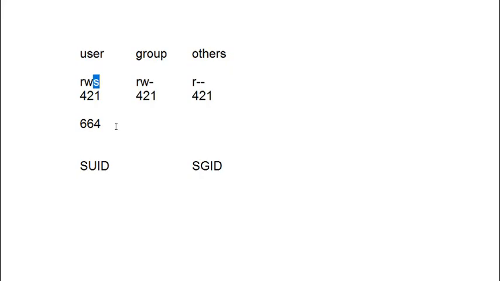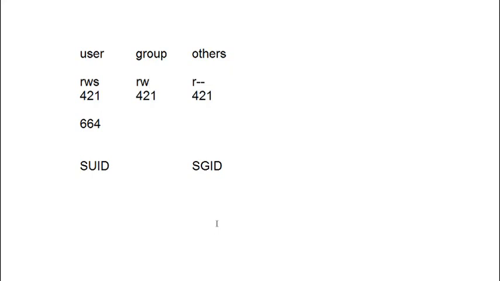If we have an uppercase S instead, that means that there is no underlying executable permission for the user. But normally you're going to see that with a lowercase s, because SUID and the executable for the user pretty much go together. We also can do the same thing for the group, and that is called the SGID, where we will have an s right here. Again, if it's lowercase s, there is an underlying executable permission.